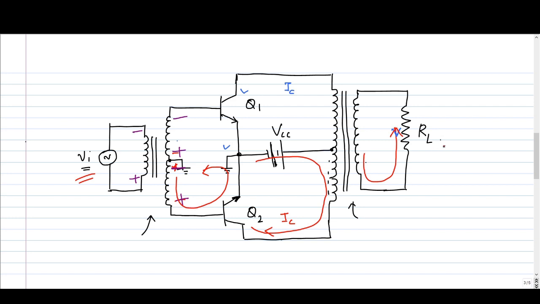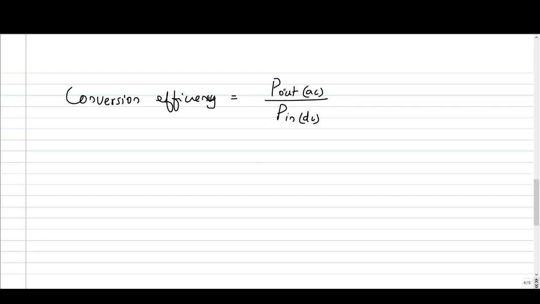Now we will derive an expression for conversion efficiency of the circuit. So conversion efficiency is defined as output AC power delivered to the load divided by DC power drawn from the VCC or DC power supply. So first we will calculate what is PNDC.